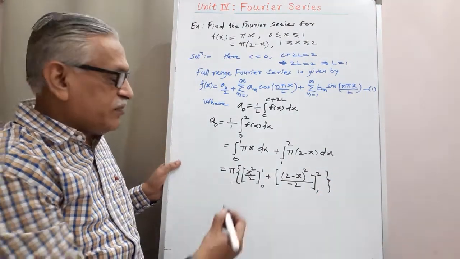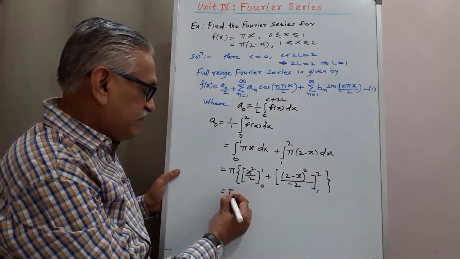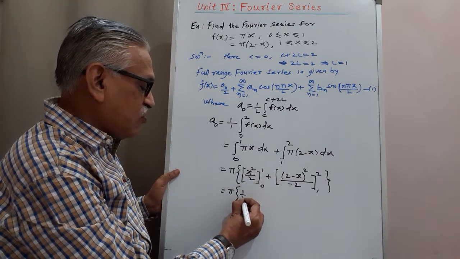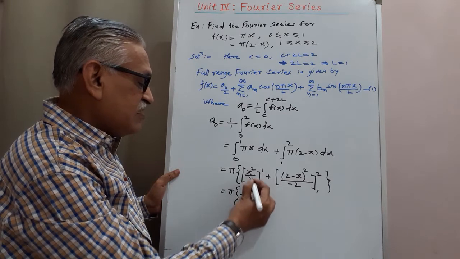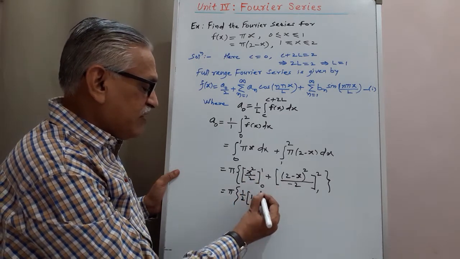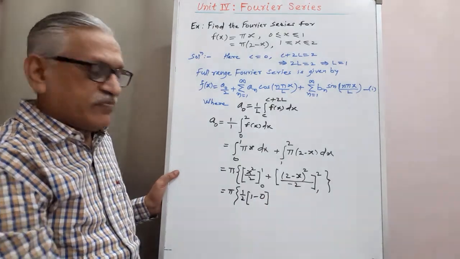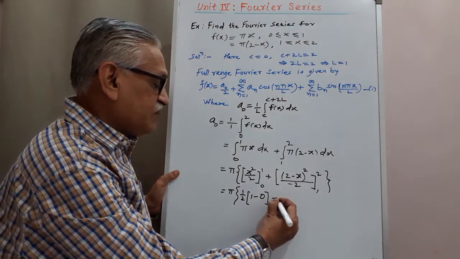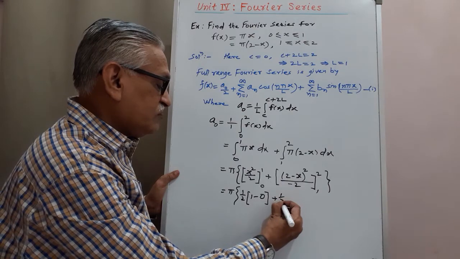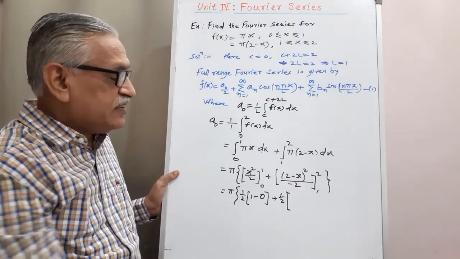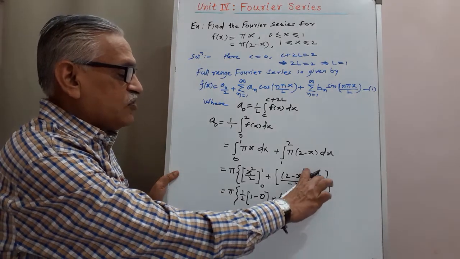Substituting upper and lower limits, we get 1 by 2 constant term outside. Upper limit 1, 1 square is 1, minus lower limit is 0, we get 0. Next, plus 1 by 2, I will cancel that minus sign by changing the limits. This becomes upper, this becomes lower.